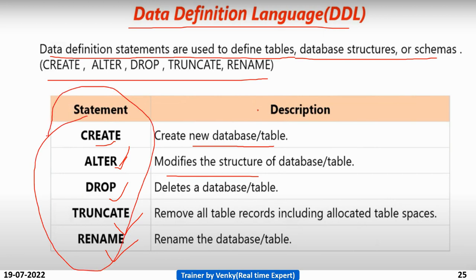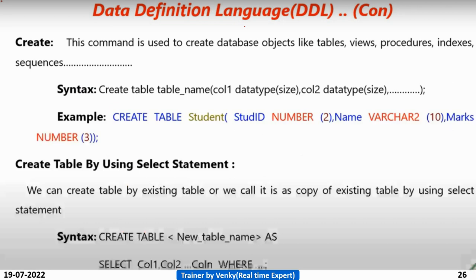So if you want to create a new database object, or change the database structure of any table, at the schema level, then you should use only these DDL commands. So there is a separate concept for everything.